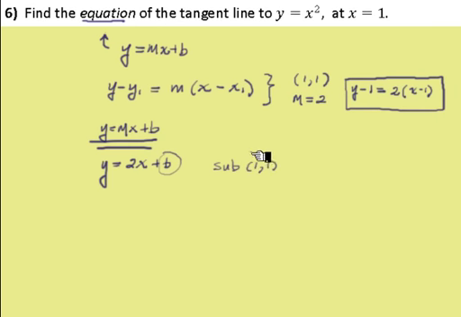We'll sub 1 for x and 1 for y. So that would be 1 is equal to 2 times 1 plus b. So subtract 2 from both sides and we see b is equal to minus 1. So the equation of our line, finishing it over here, is y is equal to 2x minus 1.